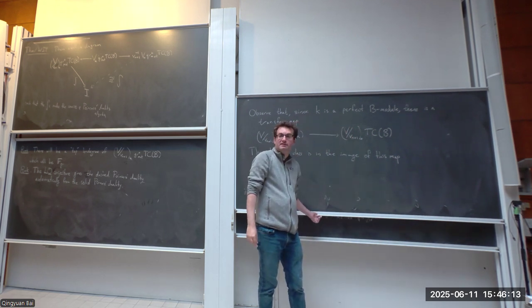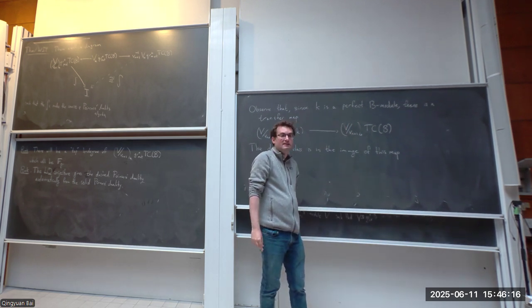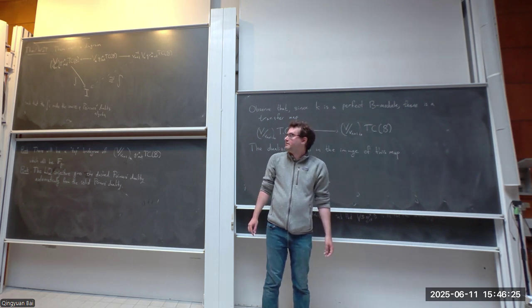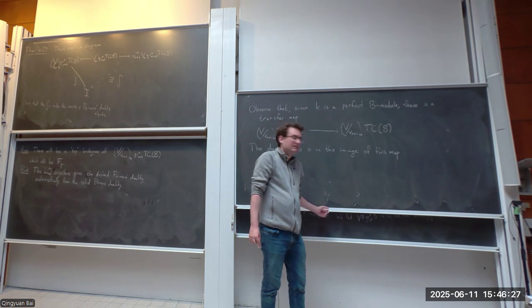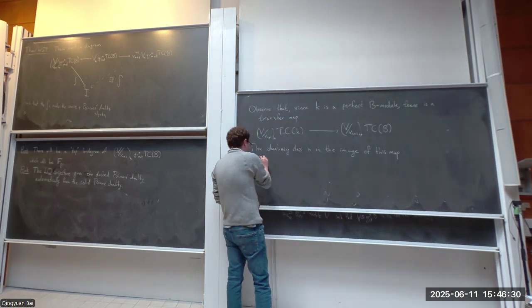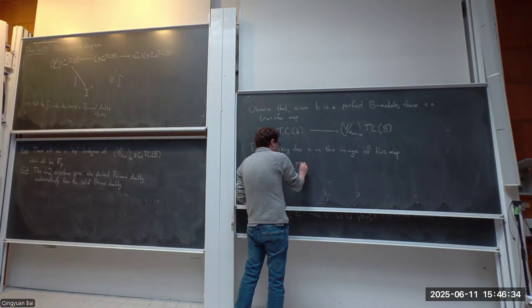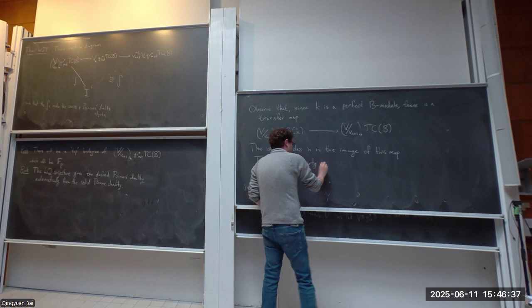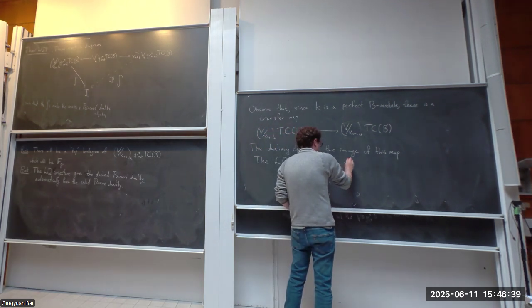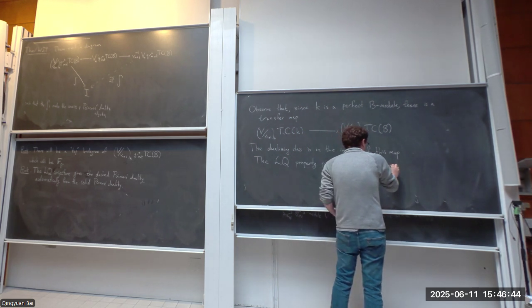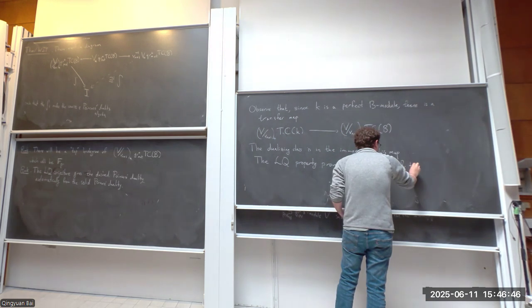So that shows you that this defines a dualizing class. In order to define an integral, you need to show that that dualizing class is non-zero, and that it's the only thing that is in that top pi degree. But in fact, the Lichtenbaum-Quillen property helps here. And then it's non-zero. The only thing.